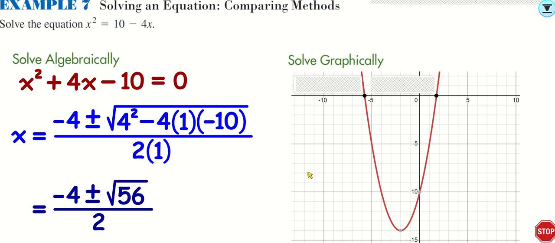But just to bring this video to a close and wrap this up, you could also solve these things graphically. It's an amazing cheat code, okay?